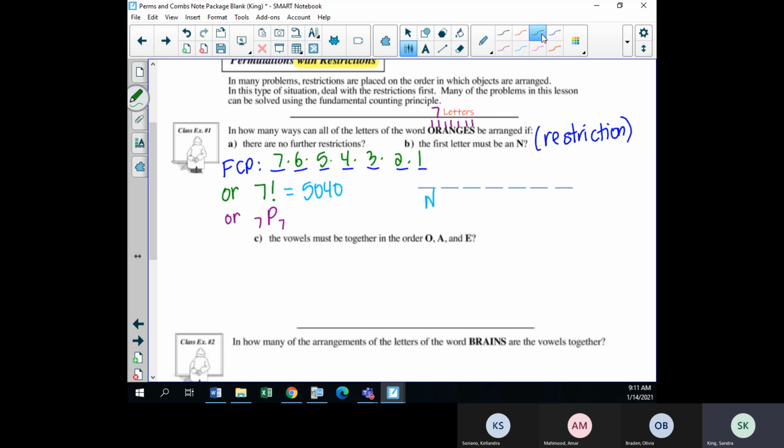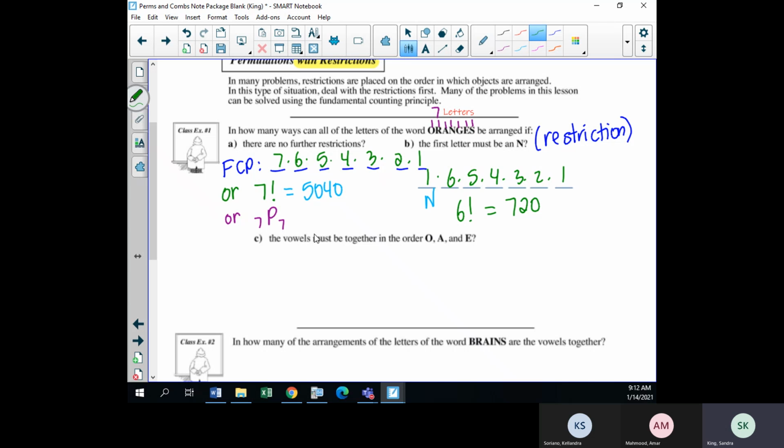So if the first letter must be an N, there's 1 choice to go there, and then this would be 6, 5, 4, 3, 2, 1. Typing this in my calculator, I would just say 6 factorial, and if you typed in 6 factorial on your calculator, you'd get 720 different arrangements or permutations using the letters in oranges if the first letter is an N.